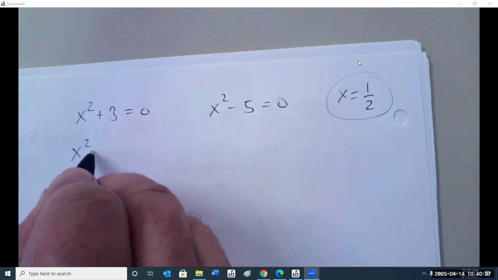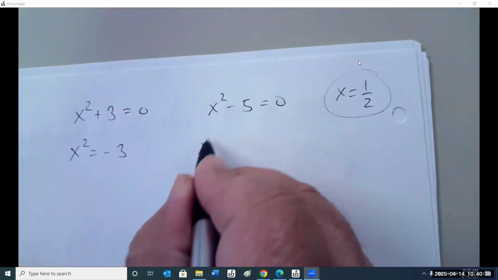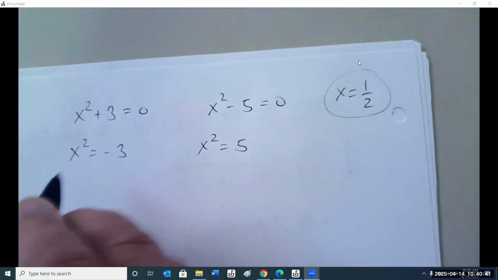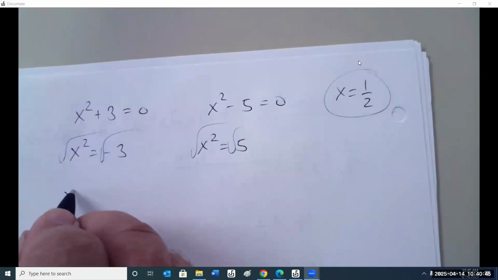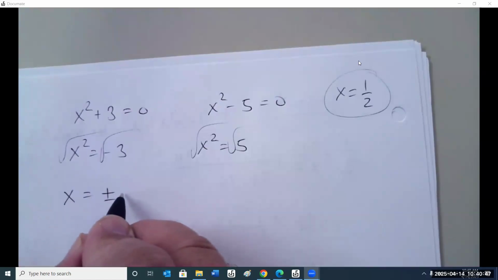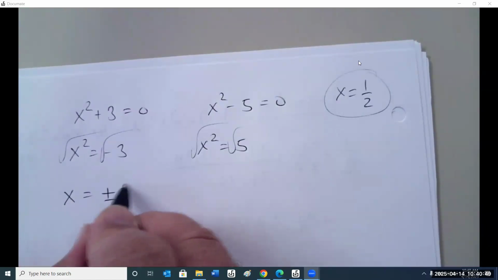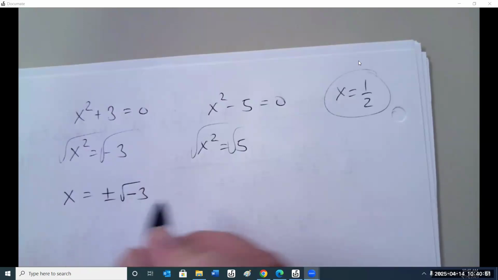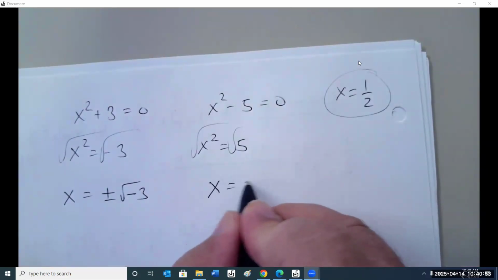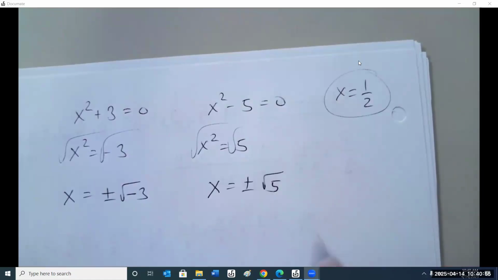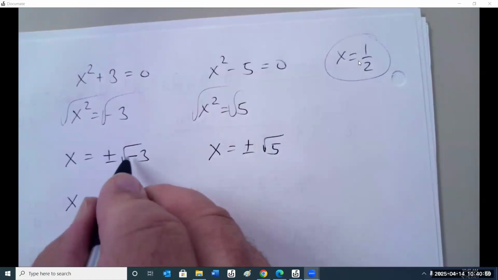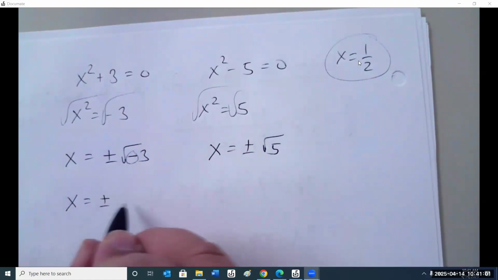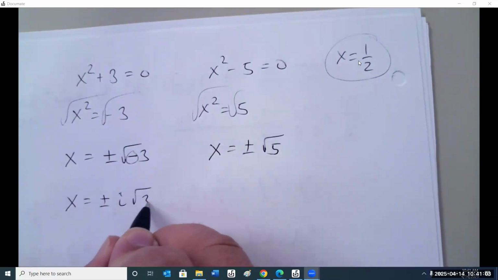So x squared equals -3, x squared equals 5, square root both sides. X equals plus or minus radical -3. X equals plus or minus radical 5. Since that's a negative inside there, it's plus or minus i radical 3.